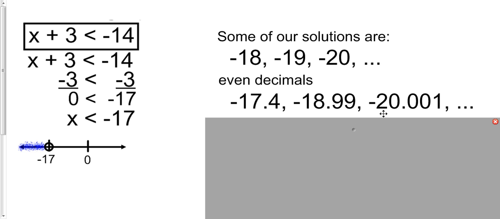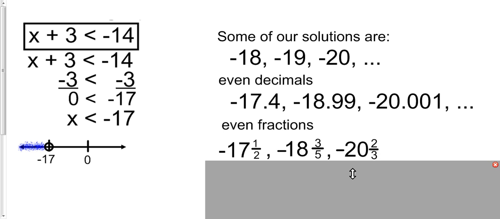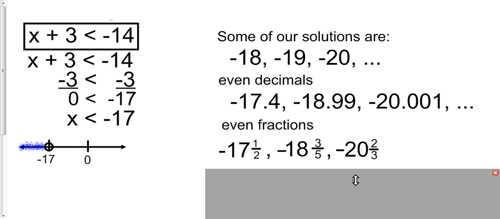read as negative 20 and 1,000th. Okay, even fractions. Negative 17 and a half would be a solution, negative 18 and 3/5, negative 20 and 2/3, plus, remember, an unlimited number of other solutions.